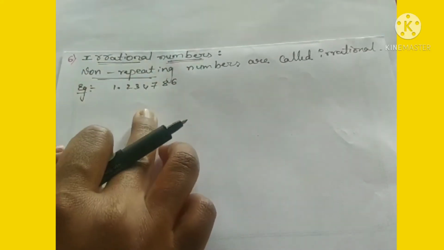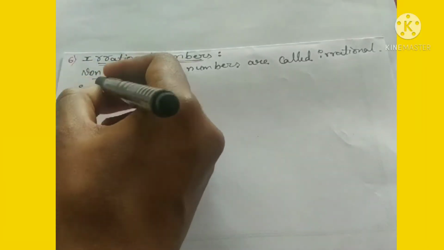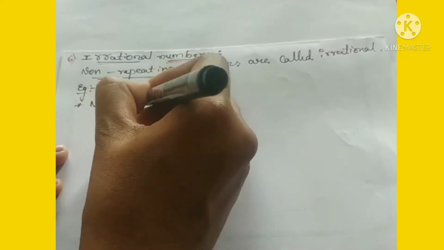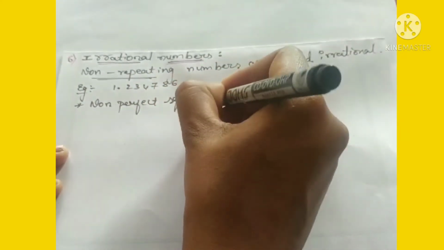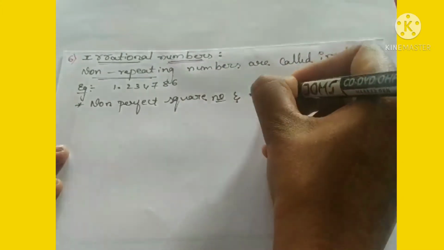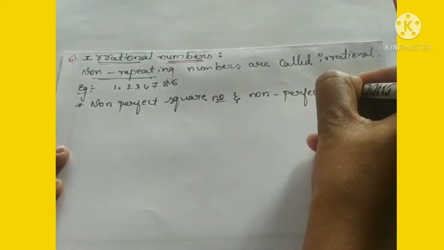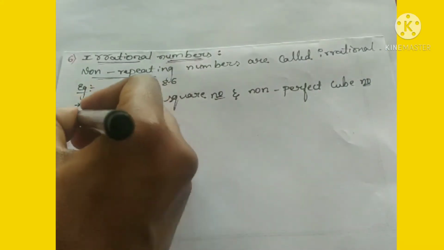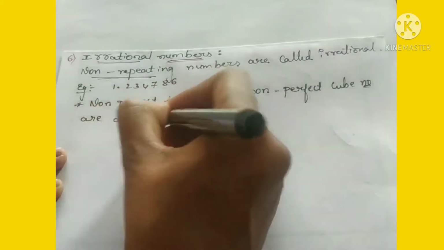Now one more important point under irrational numbers is that non-perfect square numbers and non-perfect cube numbers are always irrational.